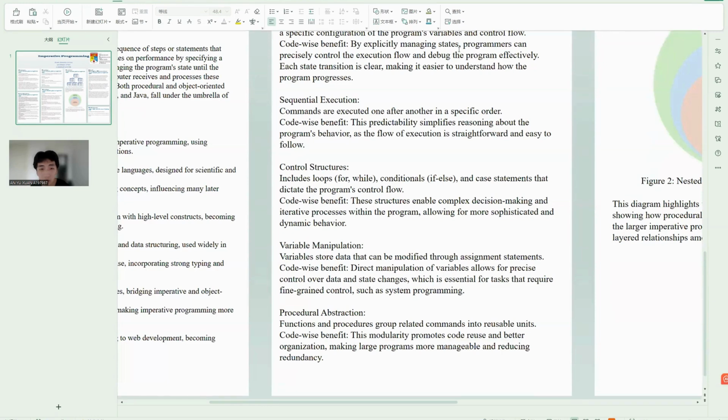Variable manipulation: variables store data that can be modified through assignment statements. Its benefits: direct manipulation of variables allows for precise control over data and state changes, which is essential for tasks that require fine-grained control, such as system programming.